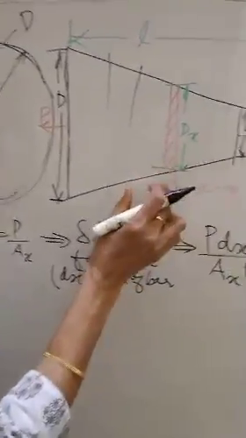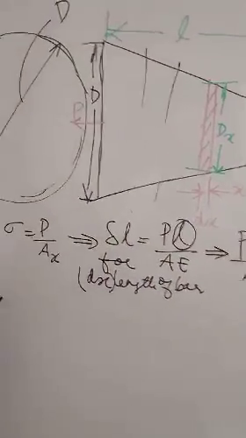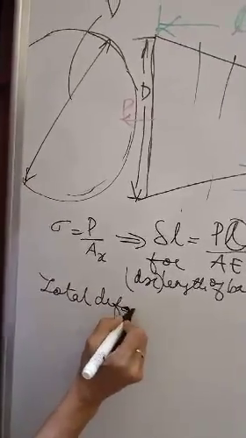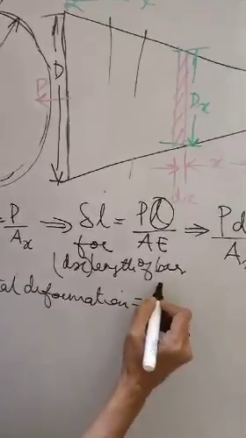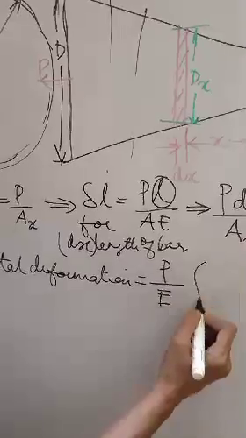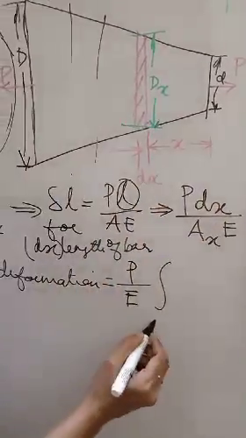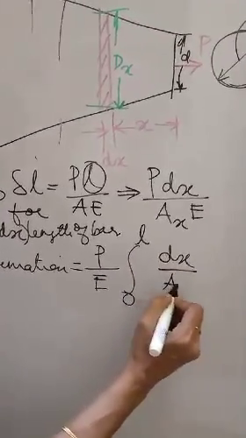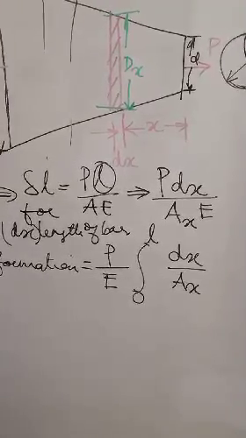Knowing that, you can integrate for the whole length of the bar in order to get the total deformation. So the total deformation of the bar will be equal to, capital P is a constant, Young's modulus is also a constant, but you have to integrate over x, with length from 0 to L. So the limit will be 0 to L, of dx divided by Ax.